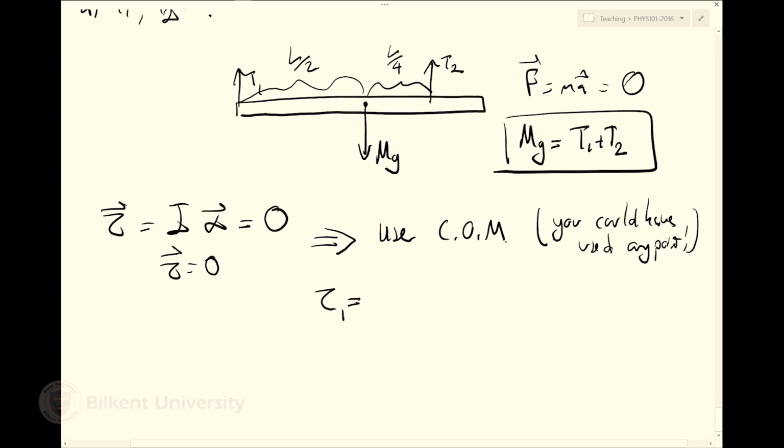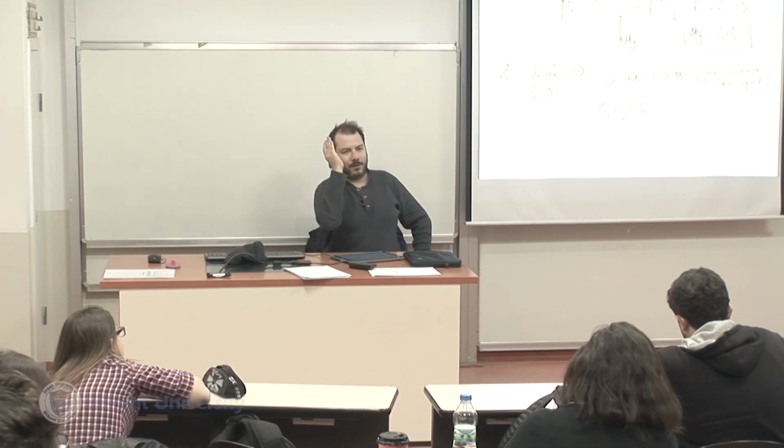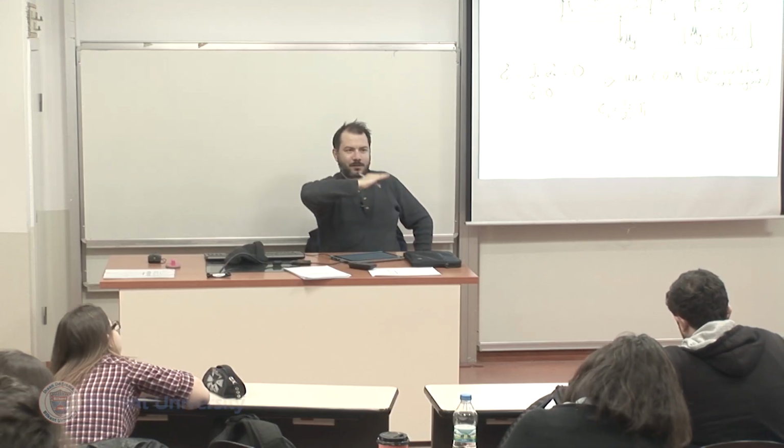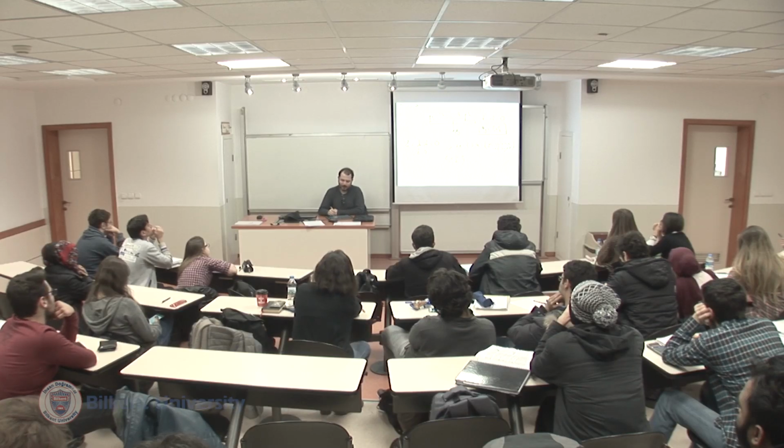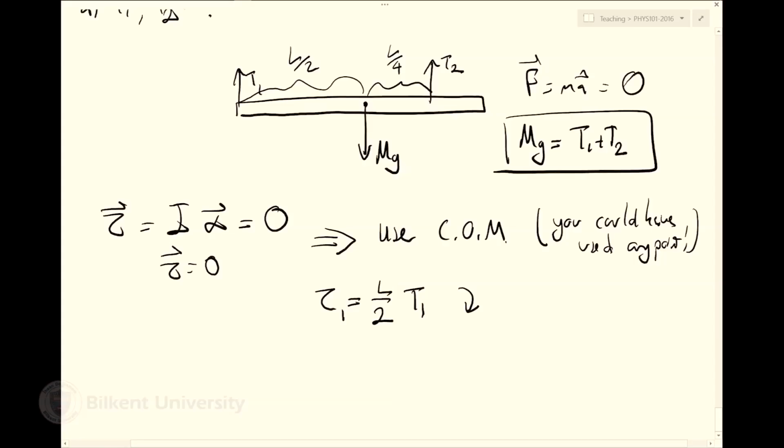Torque 1 is L over 2 times T1. Which way is the torque caused by T1? Is it clockwise or counterclockwise? Clockwise, right? It's trying to rotate my rod clockwise. How about torque 2?